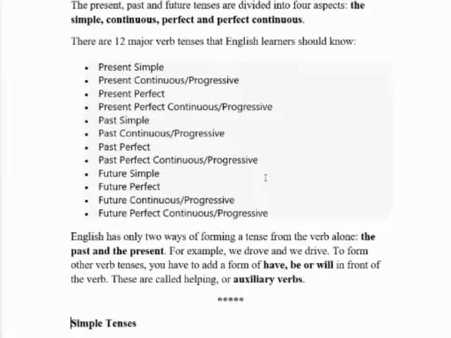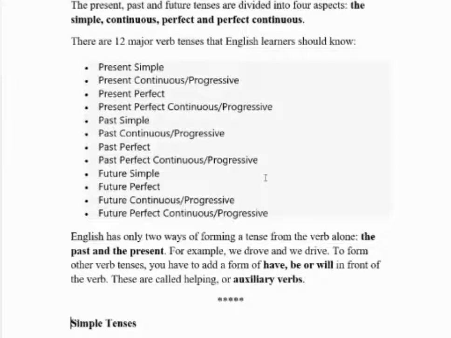You use the verb alone if the subject is plural, or if you use I, for example, I go, we go. You use the infinitive. Infinitive verb means that you don't have to add anything to the verb.